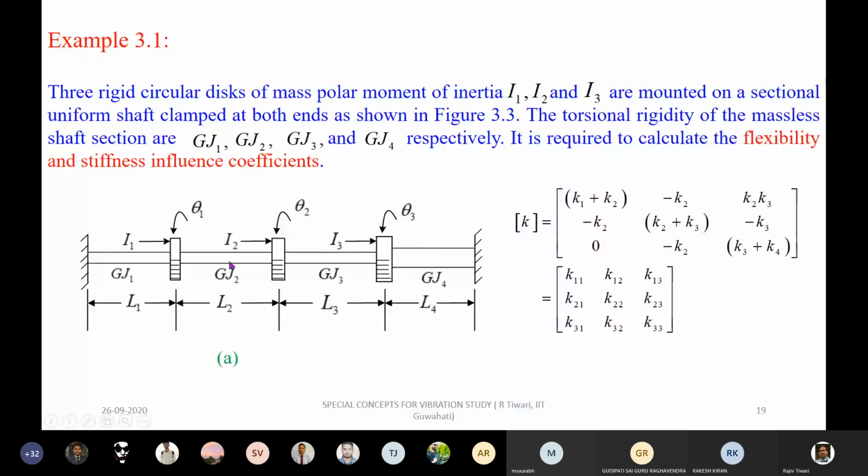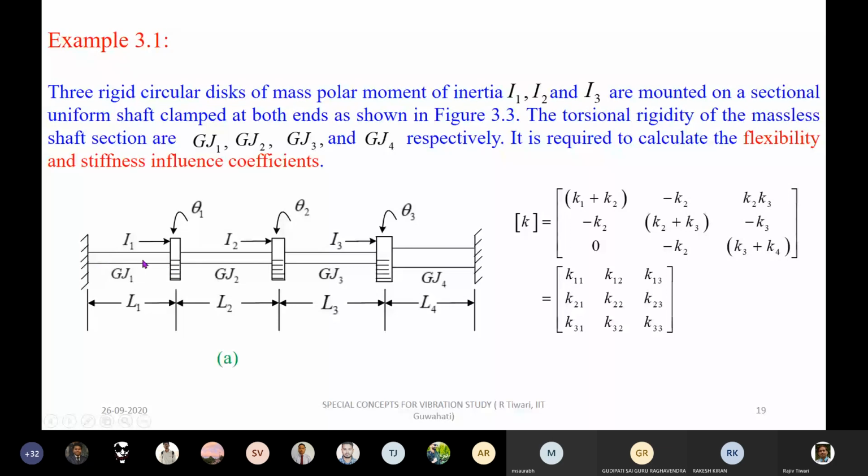We can get the kinetic energy because the rotational energy of discs 1, 2, 3 can be obtained. We are not considering transverse vibration, so there is no up and down motion, or axial vibration. Only the twist is considered in this example. The potential energy can be written from the twist of the springs.